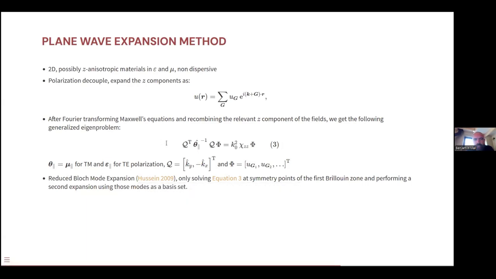So instead of solving the equation on the whole of the Brillouin zone, you can solve this equation at symmetry points of the first Brillouin zone and then use those eigenvectors as a basis. And so you have a much smaller eigensystem to solve. And since you are mostly interested in the lowest bands of your band diagram, this saves you a lot of computational resources.